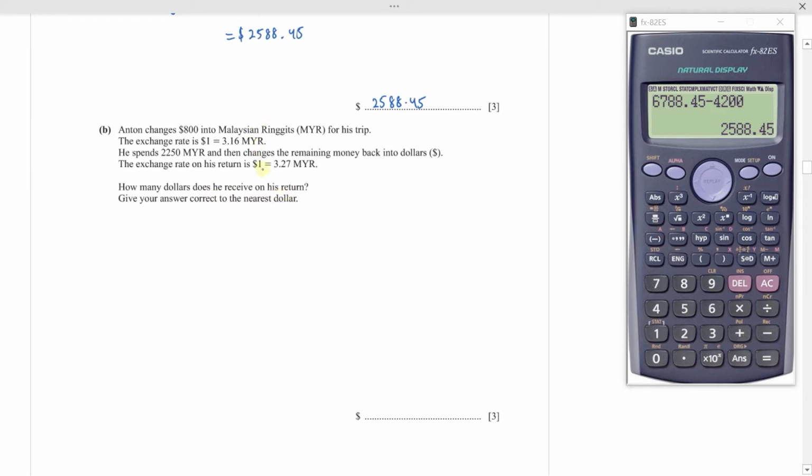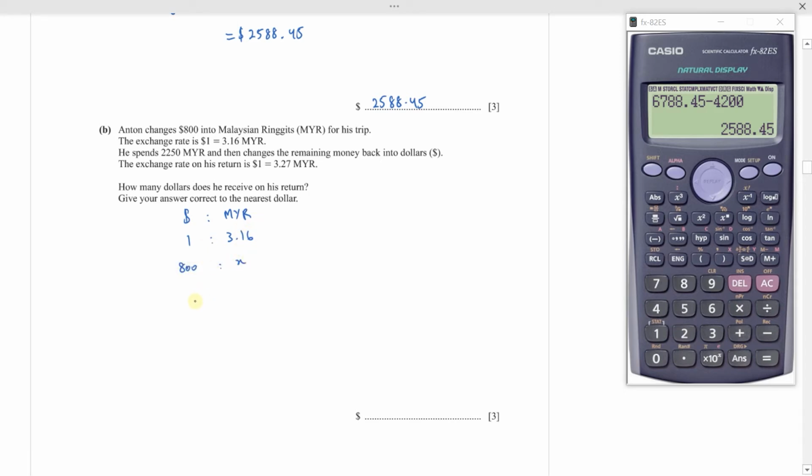So we have to go step by step and see how much money he gets at the end in dollars. So the first thing is that he changes $800 into Malaysian ringgits, and the exchange rate is dollar ratio MYR 1 ratio 3.16, and he had $800 and he got X ringgit.